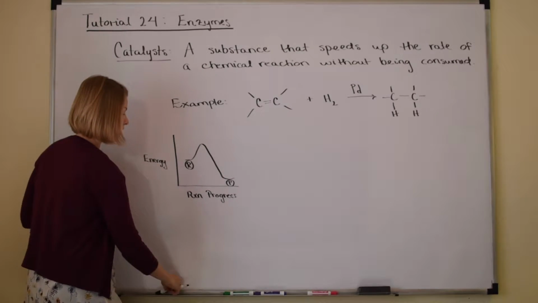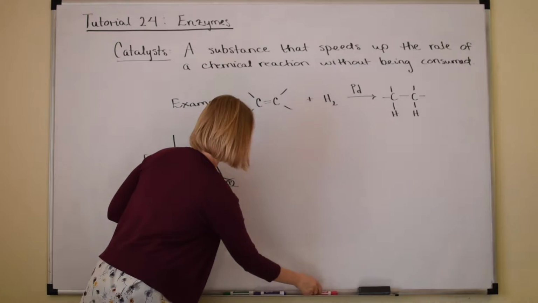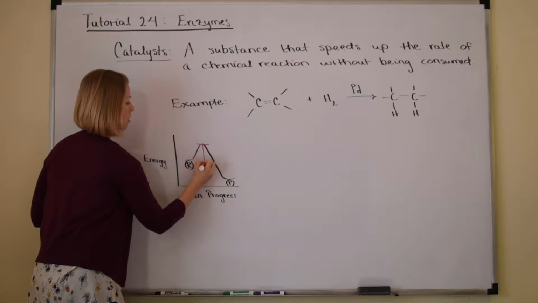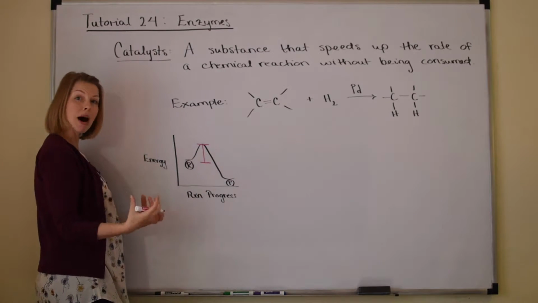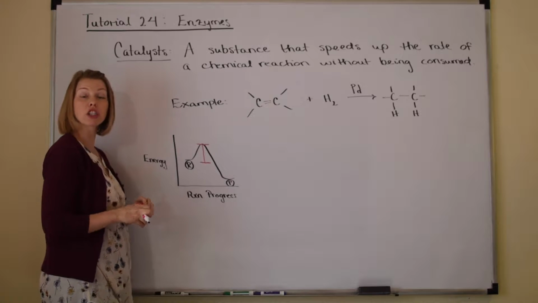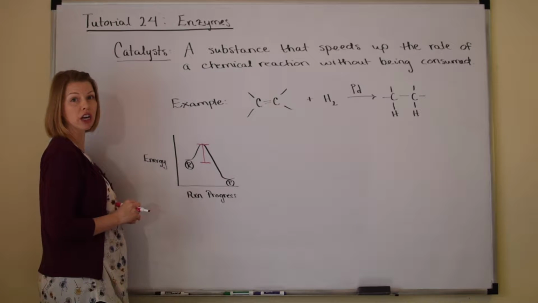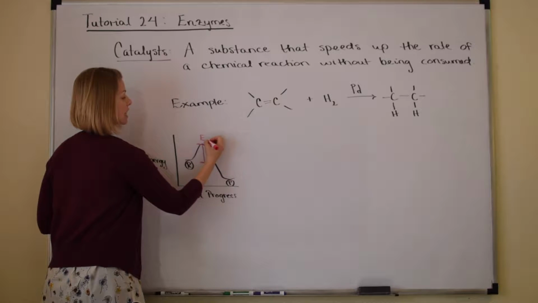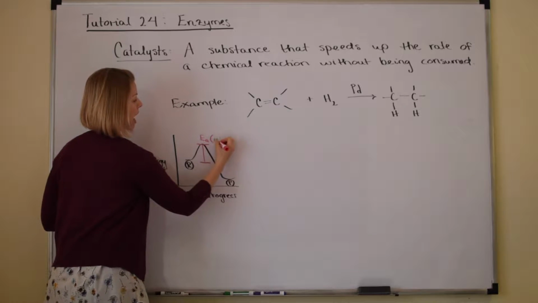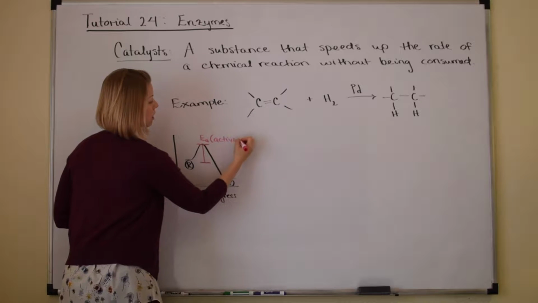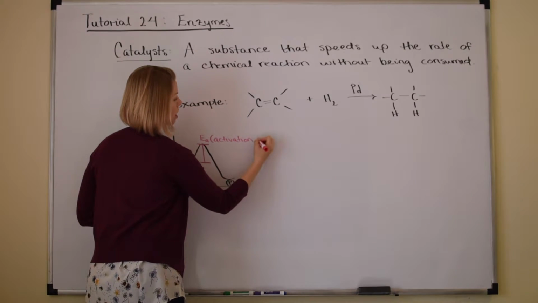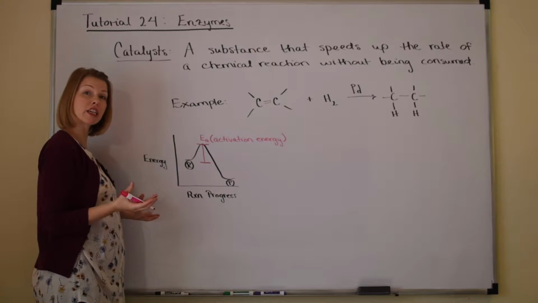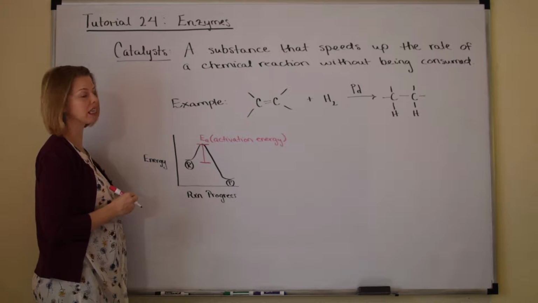Okay, and that barrier, let's use the pink pen here, this energy that must be reached in order for the reaction to occur is the activation energy, abbreviated as E sub A. So I'm going to write activation energy. And again, we're being general here, just like we were in tutorial 14.